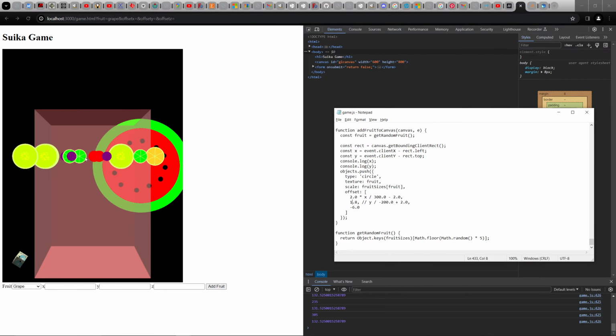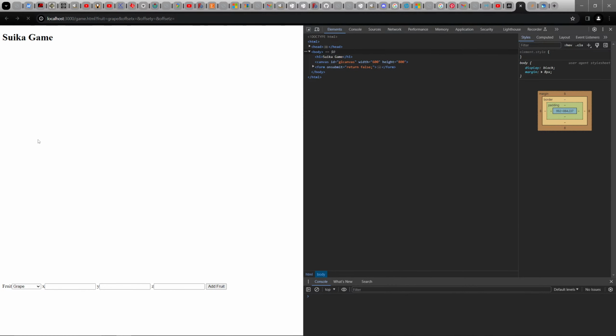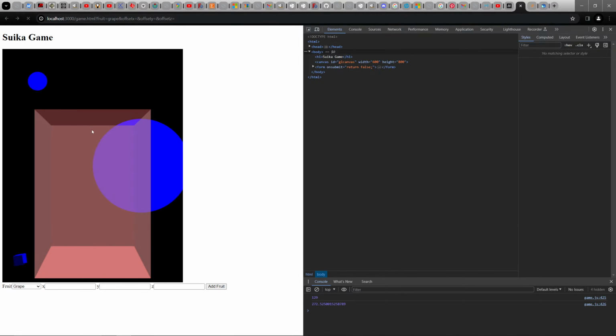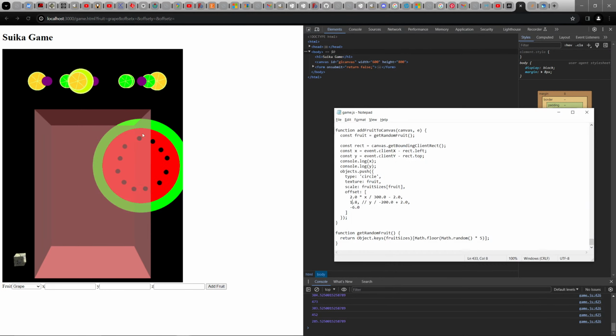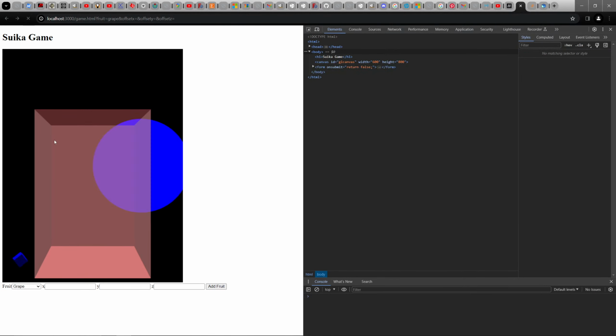Because on this axis, this is the 0. So I need to offset it by almost the entire amount. Yeah, there we go. How about that? Maybe even more. 1.9. Actually, how about just 2? Let's just try 2. Yeah, okay.